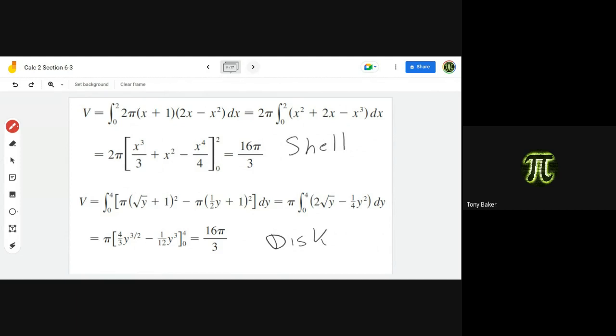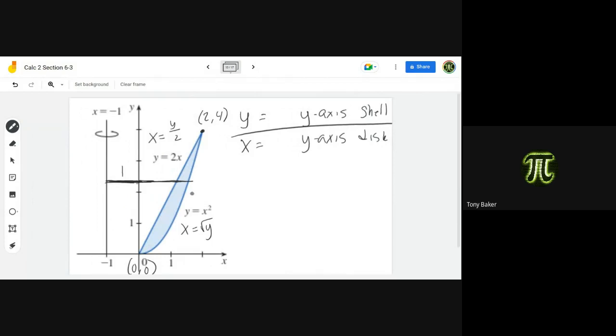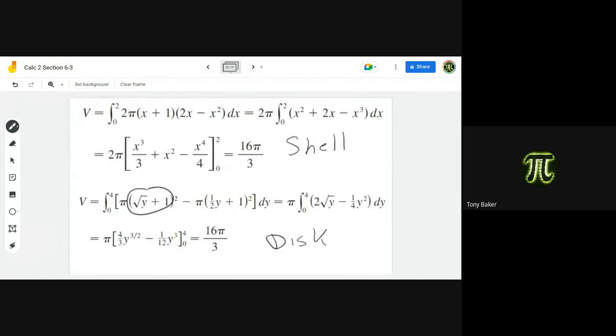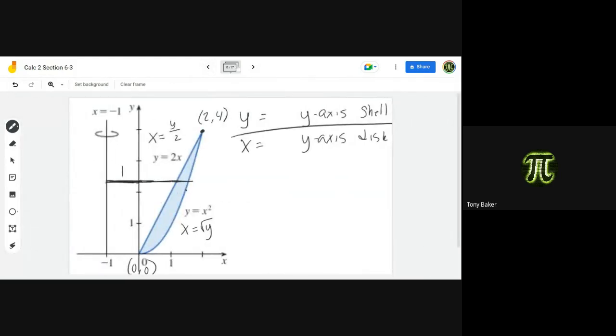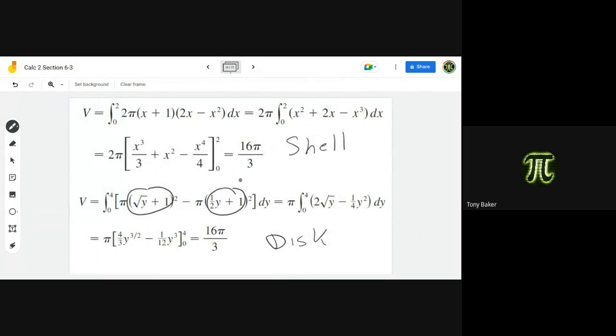If you looked at the disk method, that would be your rightmost equation, and that's your leftmost equation. So it's right minus left. And it's just a bunch of FOIL. Again, both work, both come up with the exact same answer. You just have to decide which one you want to work with.